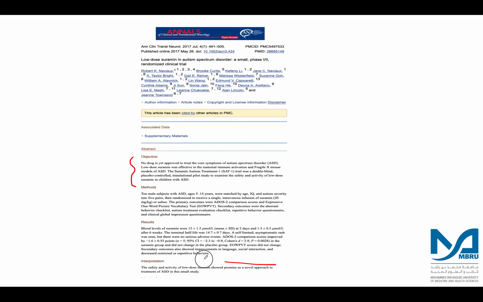However, in this small trial, they got some positive results. A bigger trial has been planned for 2019, and you can go to clinicaltrials.gov, and you can see that they are recruiting patients for that particular trial, where they will like to try suramine to treat autism spectrum disorder.